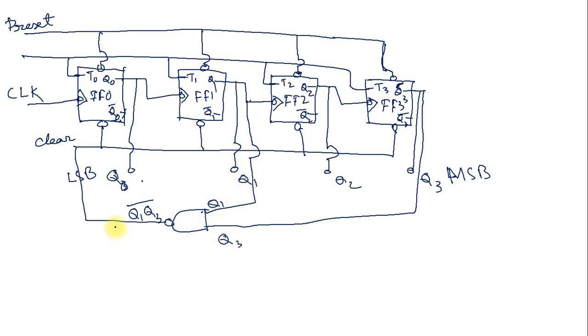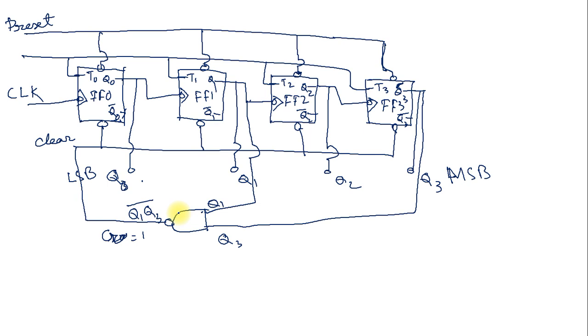So clear is 1, and clear 1 means inactive, since it is active low. So the counter acts as a normal counter. It increases its counting sequence. When Q1 is 1 and Q3 is 0, or Q1 is 1 and Q3 is 1 of the input is 0, the NAND gate output is 1, so clear is also in off condition.